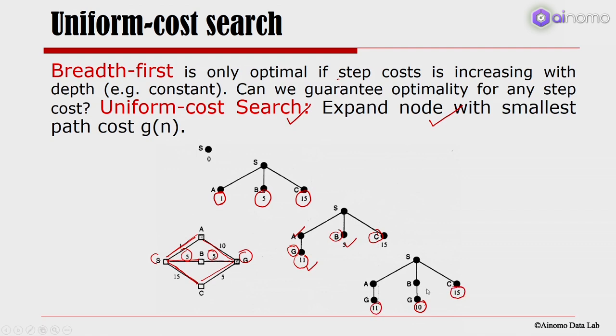The next node I want to expand is this node, and when I see that it is a goal node, I stop and pick this path, which is the path with the minimum cost.